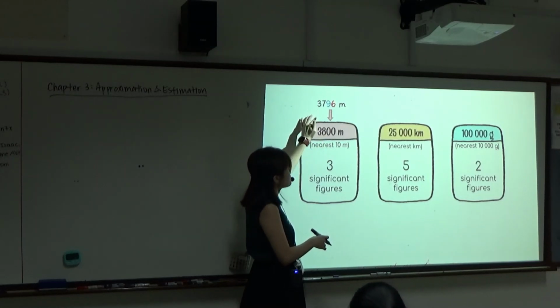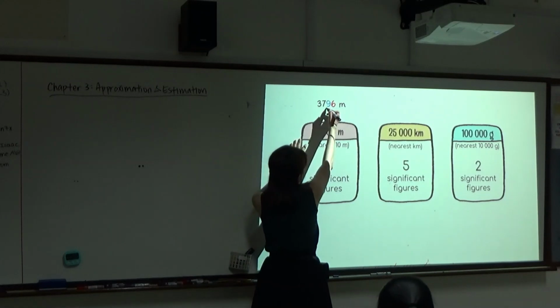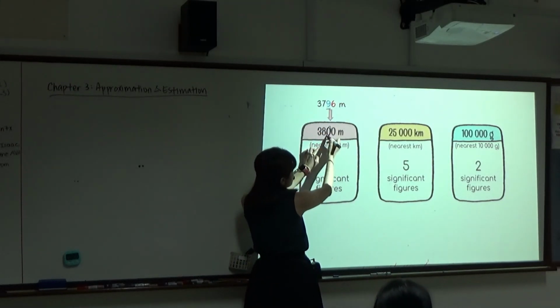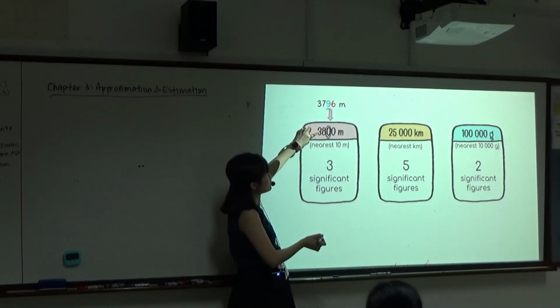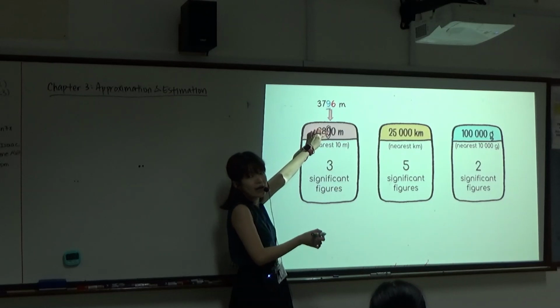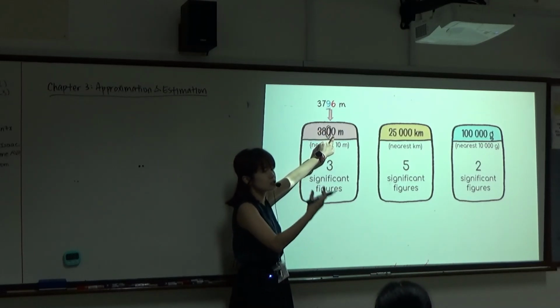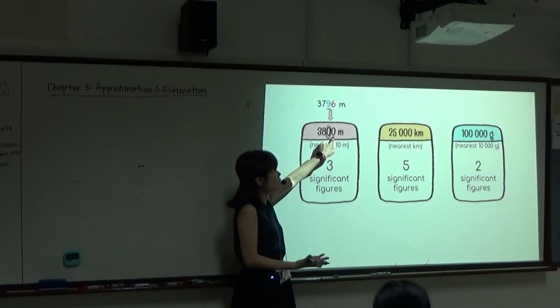So in this process of rounding off, I took this digit to round up. So I was looking at up to this place over here. So I need to count 3, 8 and this 0 as significant. The last 0 over there is solely there for place value purposes, for place holding.